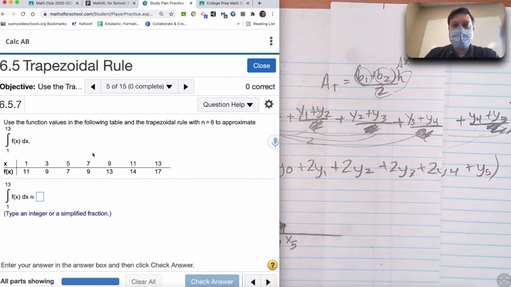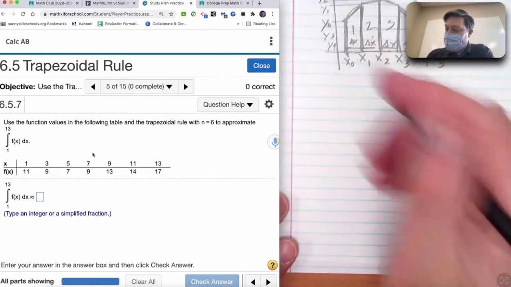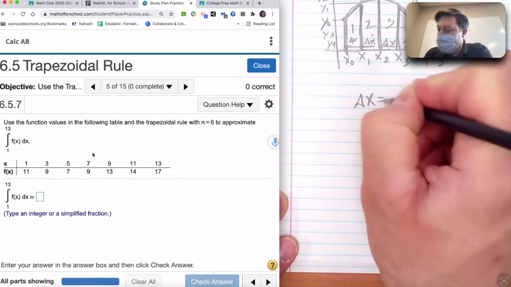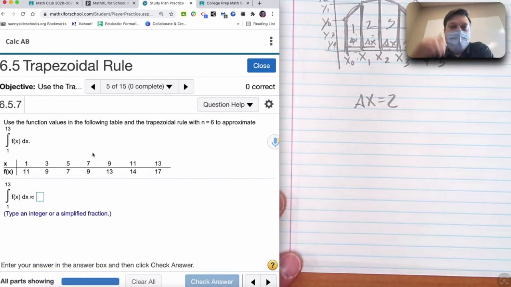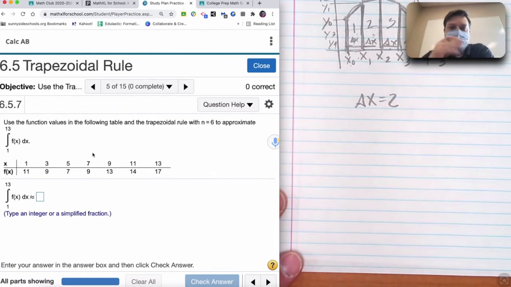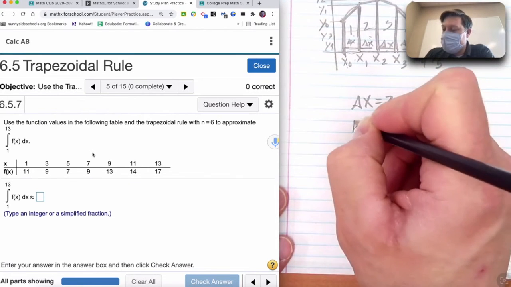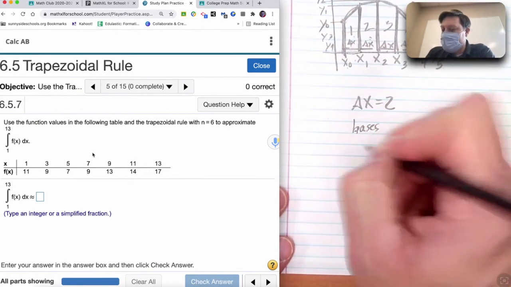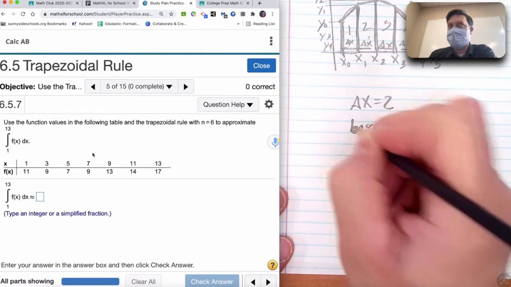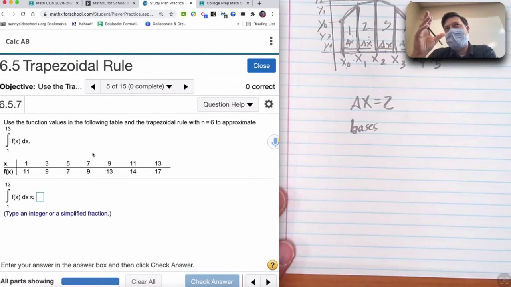And then the respective y values that go with them. So 11 is going to be used 1 time. So delta x equals 2, and from there we're going to build out the rest of the formula. Delta x, that'd be our height. Height equals 2. So the bases will be 11.